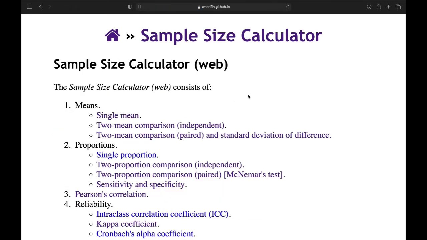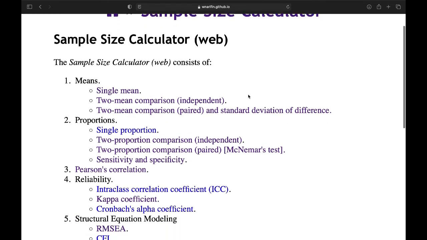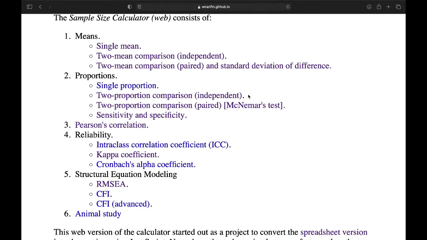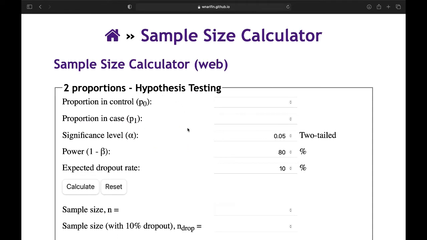Now it has calculator for many tests. Our test of interest for phase 1 question for our example is we want to detect difference between two proportions, two independent proportions. I will click on that. This will open a calculator for us.